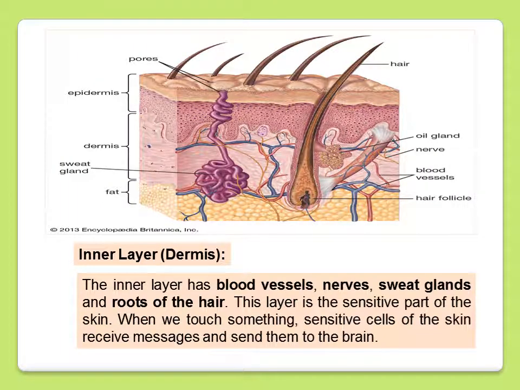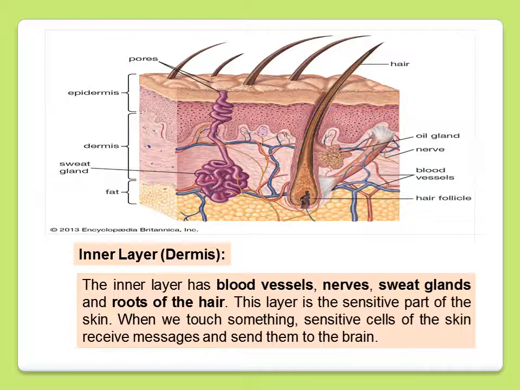Then the inner layer of the skin, that is also called dermis, contains four special structures or features in it. Number one, blood vessels. Number two, nerves. Nerves means sensory nerves. Those can sense the touching. Number three, sweat glands are present in the inner layer of the skin. Those are the special glands which produce sweat.